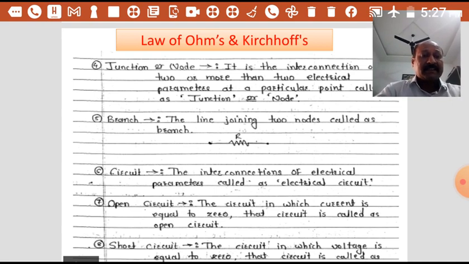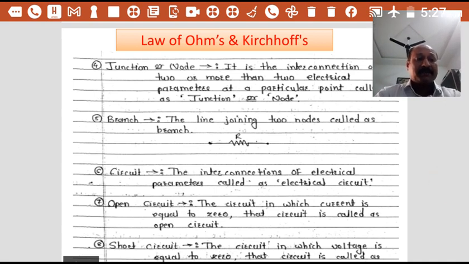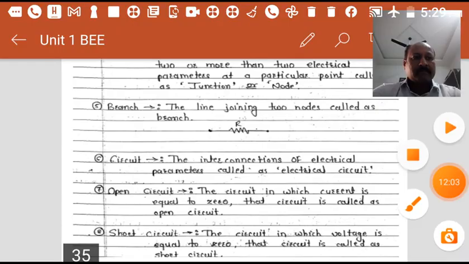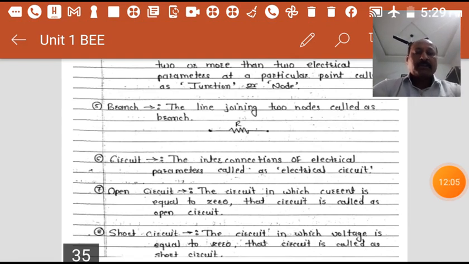So we have four circuits. First is the normal closed circuit. Whenever the switch is on, the fan starts rotating. That circuit is called a closed circuit. The second circuit is the open circuit. Whenever the switch is on, the fan refuses to start.